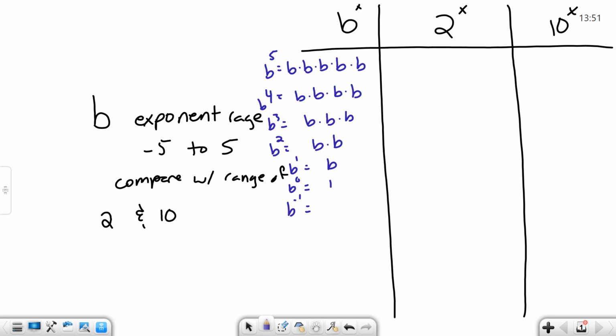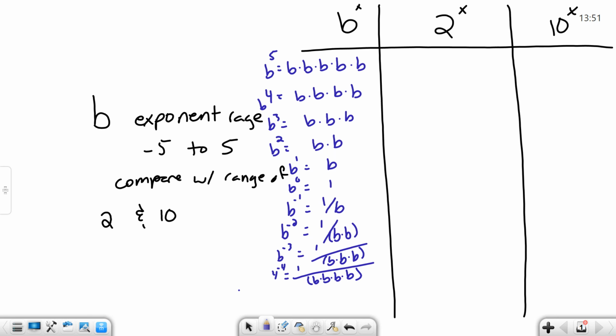B to the negative 1 is equal to 1 divided by B. B to the negative 2 is equal to 1 divided by B times B. Negative 3, 1 divided by B times B times B. And we have B to the negative 4th, 1 divided by B times B times B times B. Oops. B to the negative 5th is 1 divided by 5 B's.